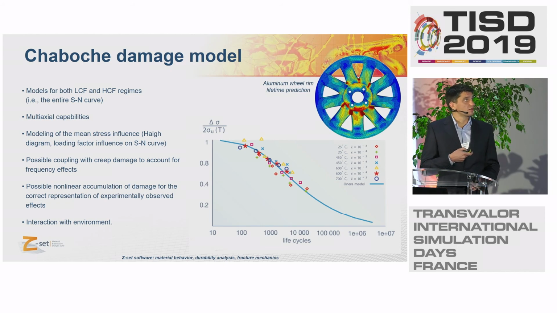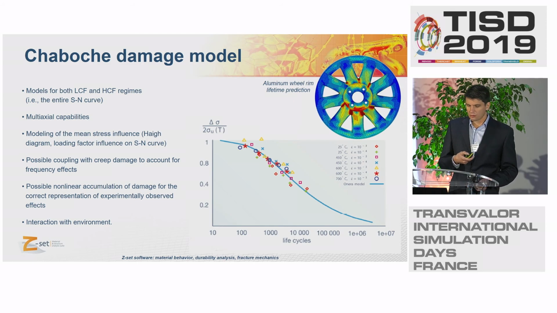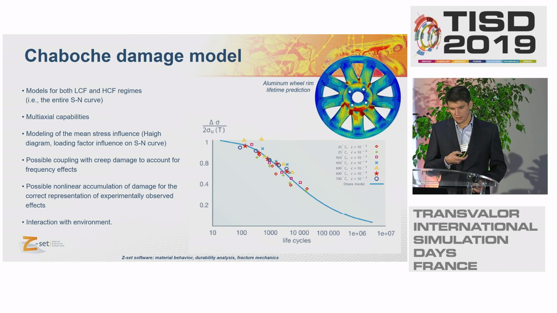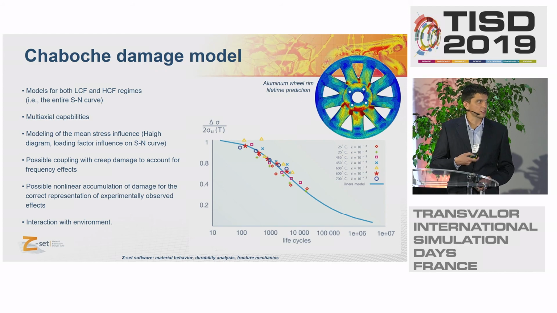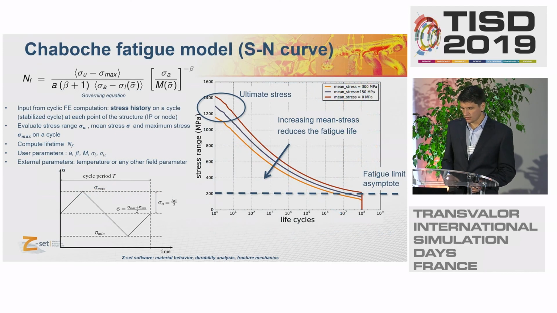And it includes multiaxial capabilities, allows to model mean stress effects. We discussed about it last time, 2 years ago, and the possibility of coupling damage, non-linear accumulation of damage on cycles, and also interaction with the environment, for example, oxidation.